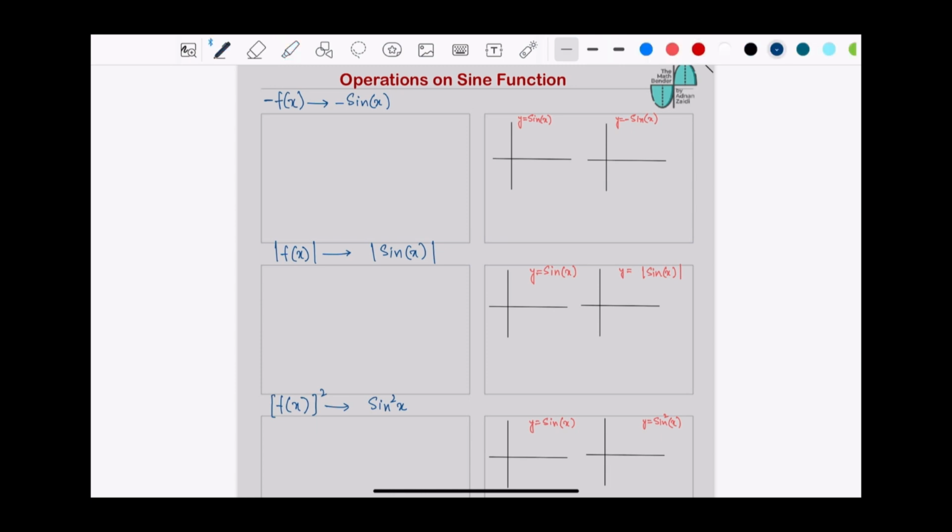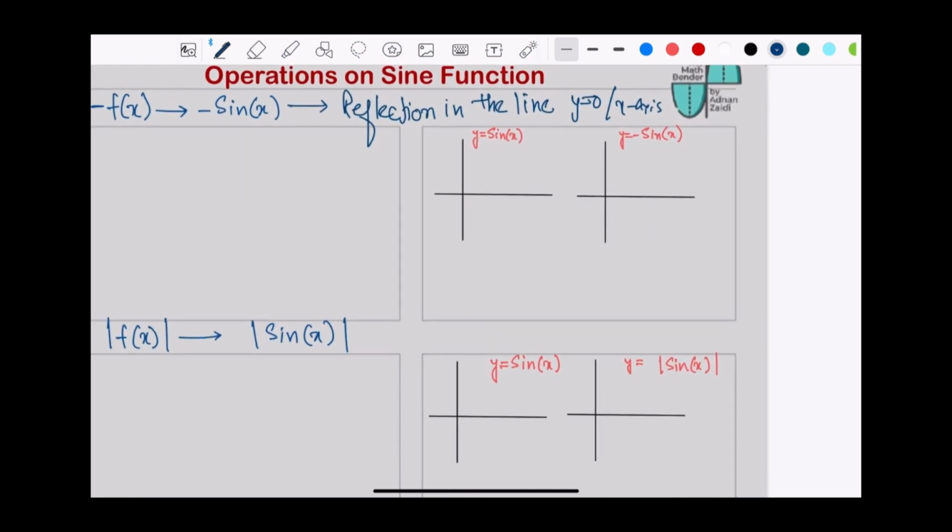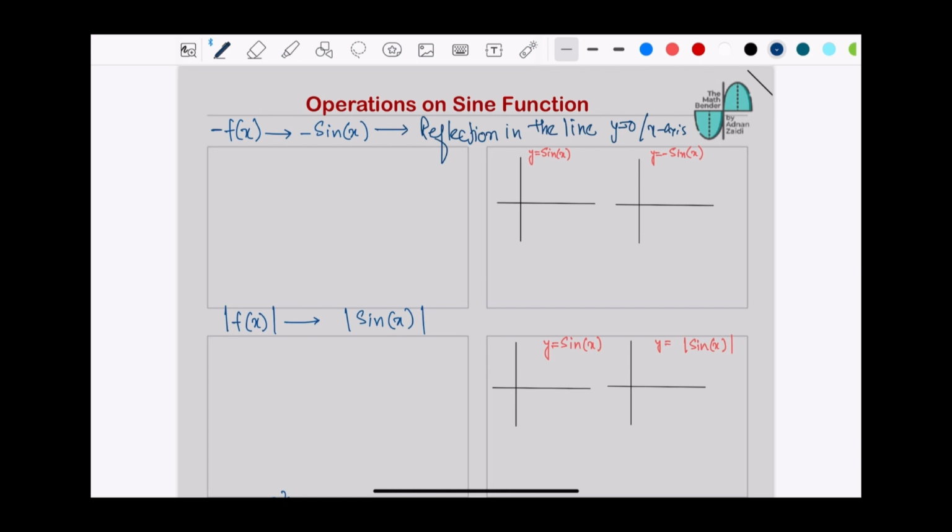We've already discussed that the negative of any function is a reflection in the line y equals 0, which we call the x-axis as well. So by default, if the function is like this sine wave, the function is going to be a reflection in this line and it's going to look like this.